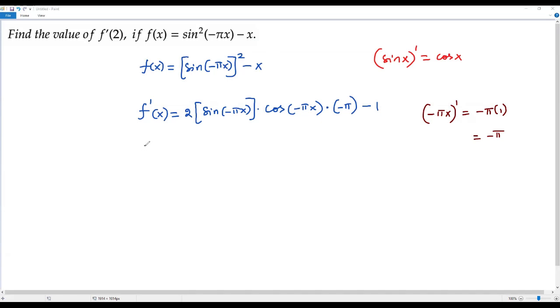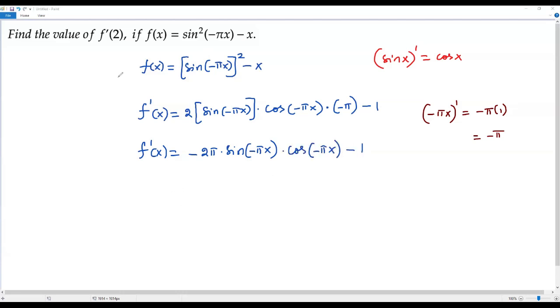Now let's do some simplification. f prime of x equals. Here we have a constant negative pi multiplied over here. This constant can be multiplied by the constant 2 we have in front of everything. Then I'm getting negative 2 pi times sine of negative pi x times cosine of negative pi x.